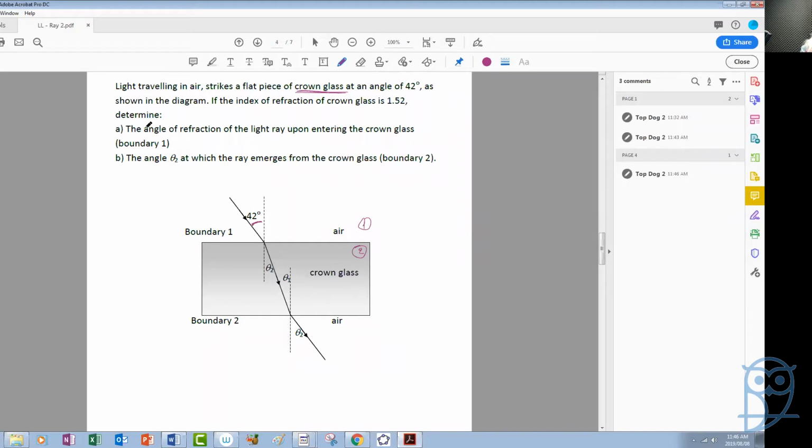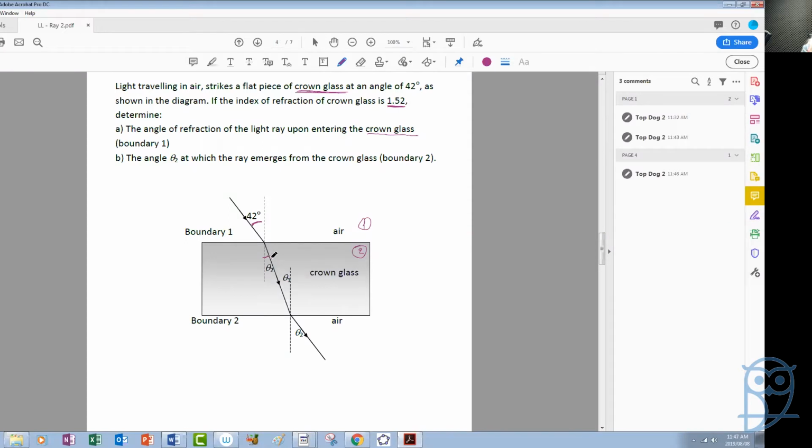They give us the index of refraction of crown glass, and obviously it's an optically denser medium than air. Now, determine the angle of refraction of the light ray upon entering the crown glass, which is this one.